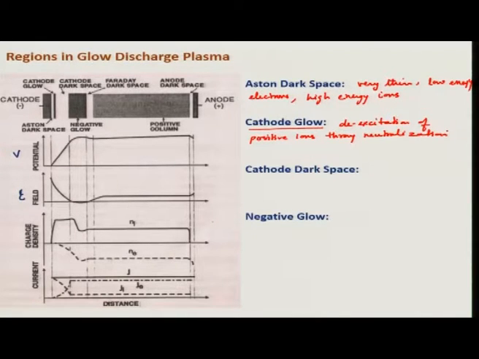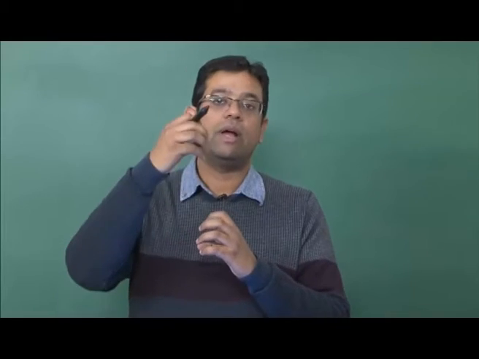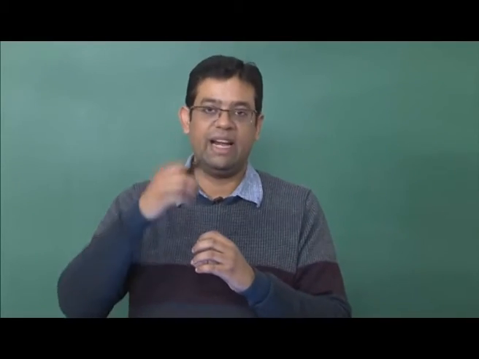Now what is happening in this region, which is cathode glow, is that you have positive ions which are accelerating towards the cathode, and in the process when they interact with electrons somewhere in the negative glow region, they get excited, which means some of the electrons of these ions are excited to a higher energy state.